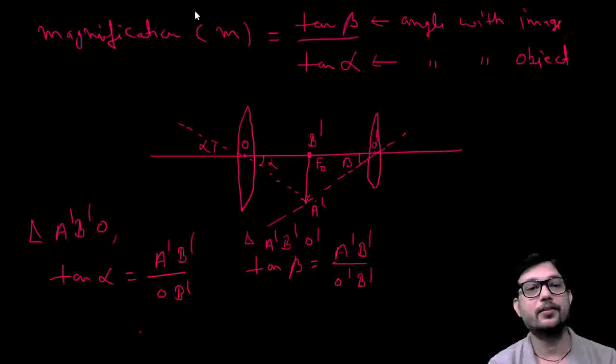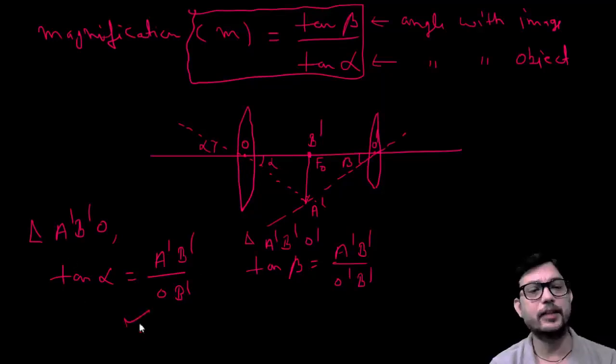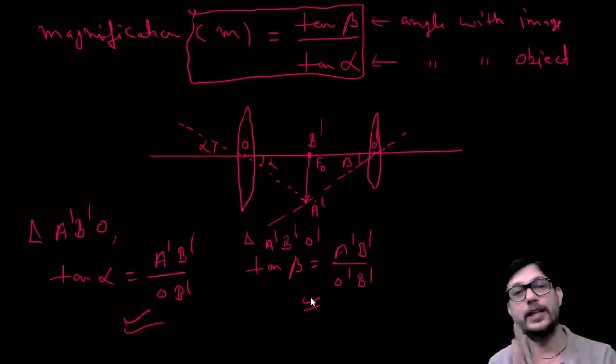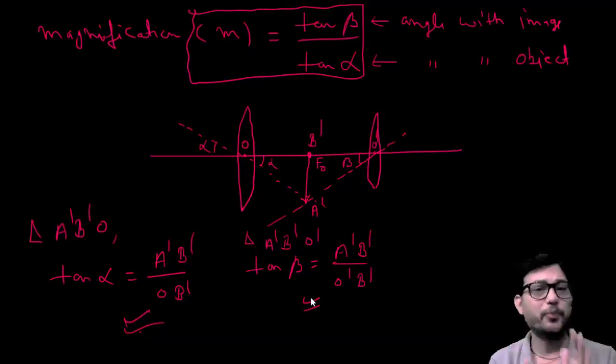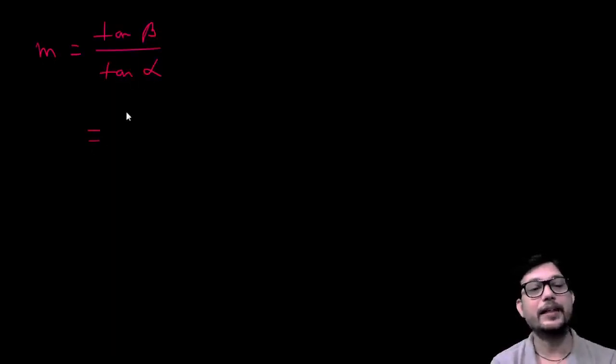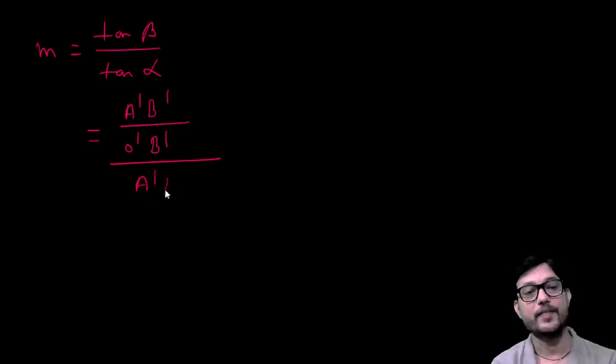So this is your final expression for the magnification, and these values are calculated from the diagram we have drawn. Now put the value of tan alpha and tan beta in the above formula. Then what will we get? We get m equal to tan beta upon tan alpha, and tan beta is A dash B dash upon O dash B dash, divided by tan alpha, that is A dash B dash upon OB dash.